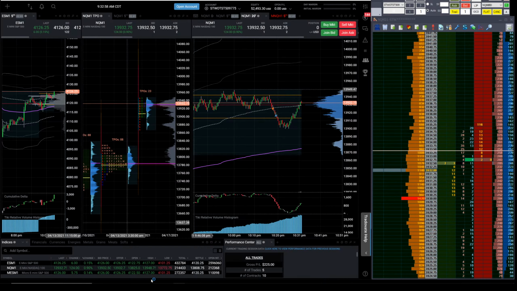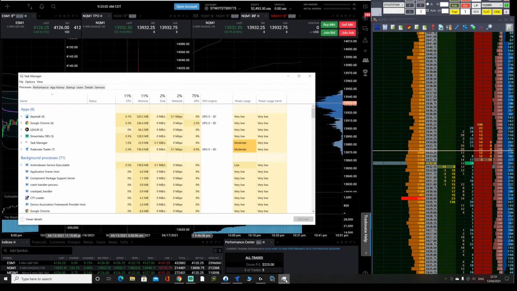So, so far so good. What we are doing down here is that. Kind of interesting how that Tradovate, I wonder what happens with just the browser running. That'll be a test for tomorrow.